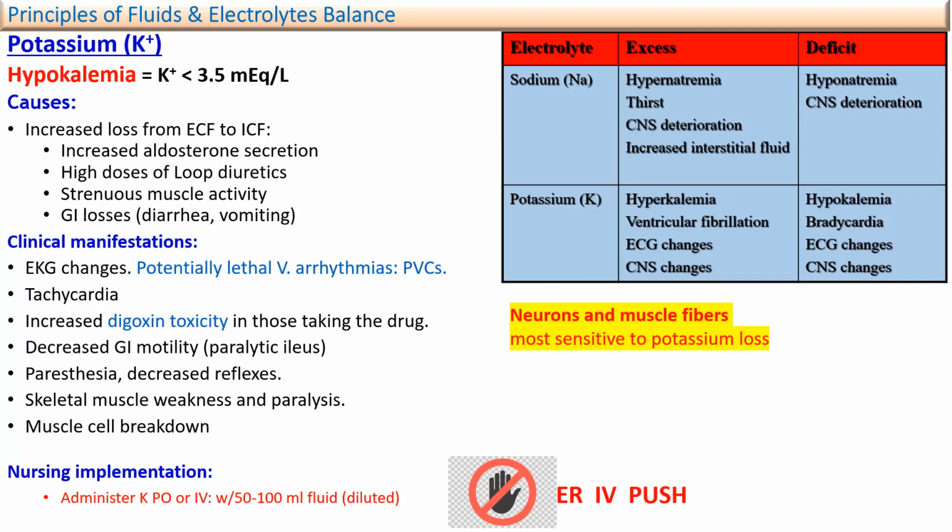Myoglobin accumulates in the plasma and is excreted through the kidneys, and it will damage the kidney tubules, resulting in kidney failure. This whole process is called rhabdomyolysis.